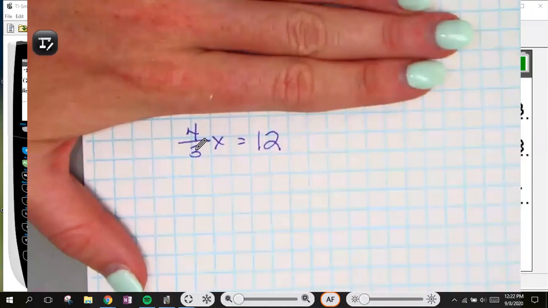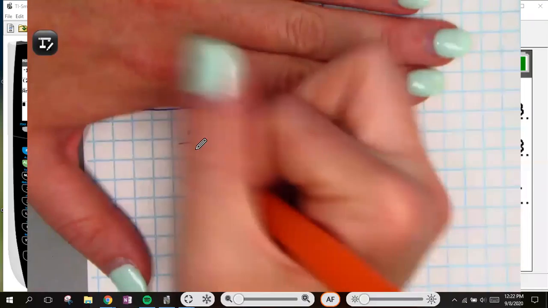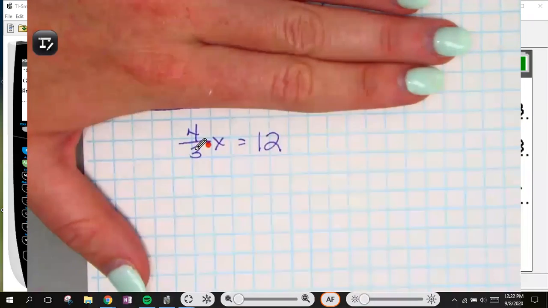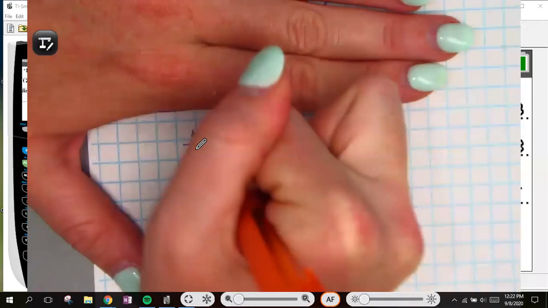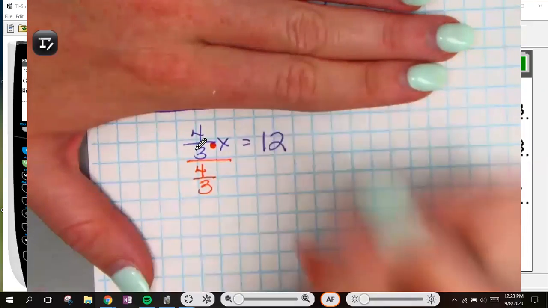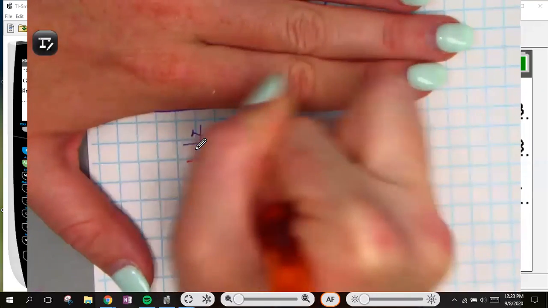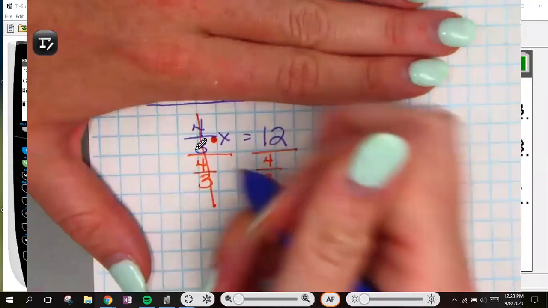Now this part kind of confuses people, but it's the same thing. That's 4/3 times x. How am I going to get rid of my 4/3? Divide by 4/3. If I do it to one side, I do it to the other side. My 4/3 will cancel out.